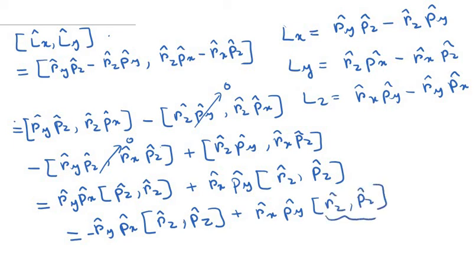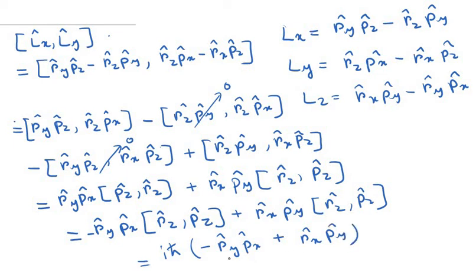So these two are equal to i times h cut. So this becomes equal to i times h cut, minus ry px plus rx py.